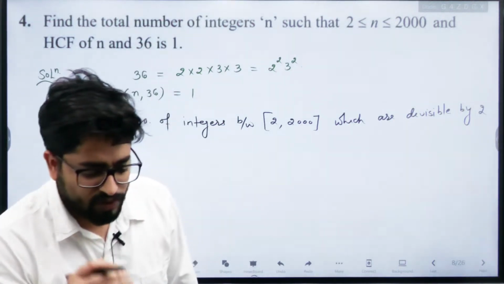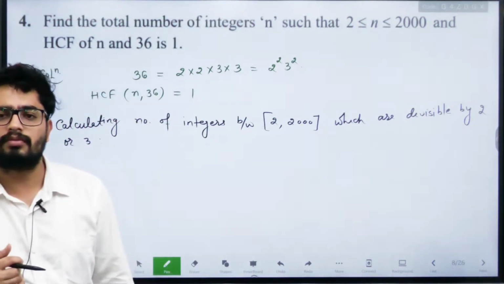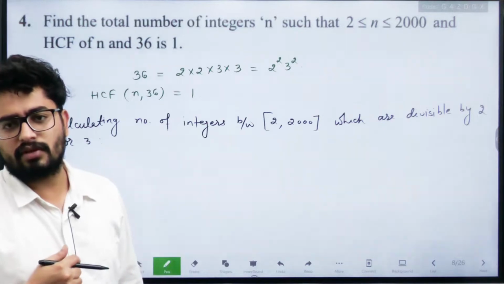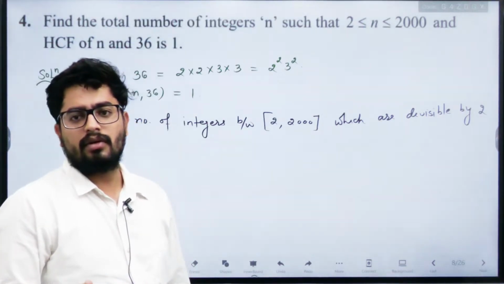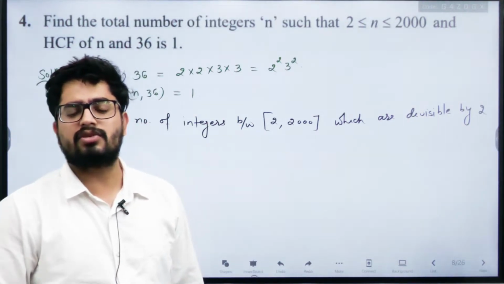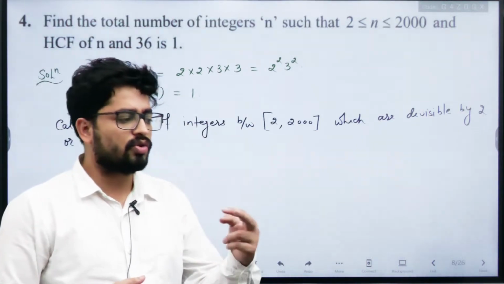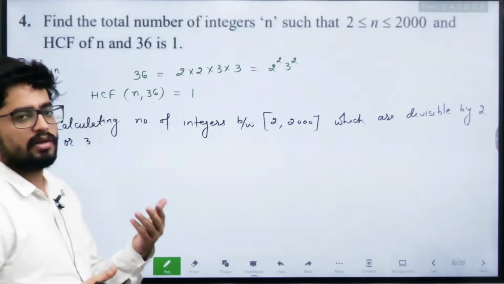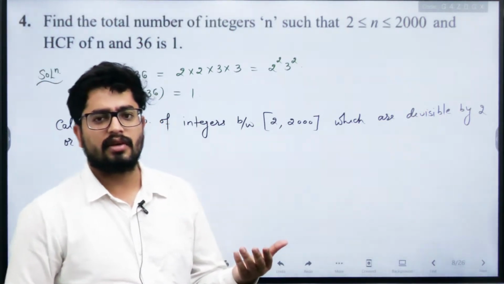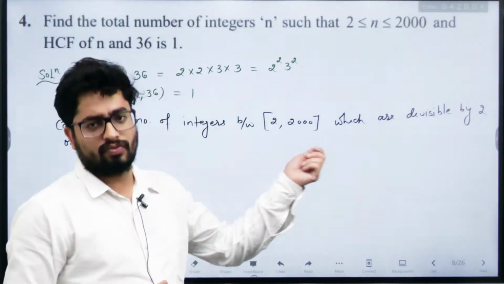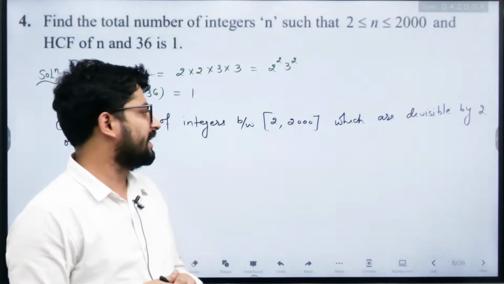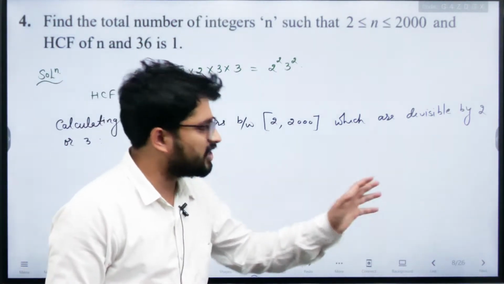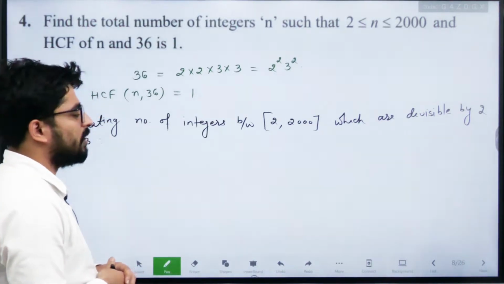So first find all the numbers divisible by 2, all divisible by 3, and then subtract the integers which are divisible by 6. Why? Because you count these numbers 2 times. You have to remove them from your complete count of integers between 2 to 2000 which are divisible by 2 or 3.